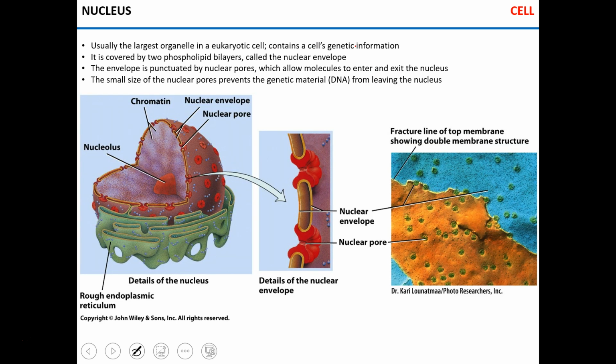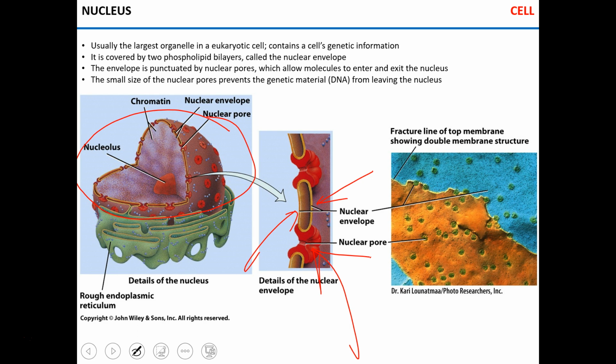Nucleus. Double-membraned organelle, contains all cell genetic information. Here you can see two membranes, one membrane, another membrane. These are nuclear pores, necessary for the transport in and out of the nucleus. Now, pores are pretty small, which prevents DNA from spilling out of the nucleus, but allows the transport of proteins and other essential molecules inside of the nucleus and outside of the nucleus.